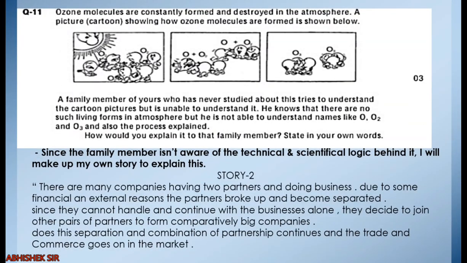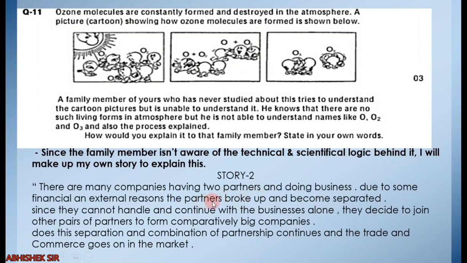Okay. Another story is a bit different. Again, I have started with, suppose there are many companies having two partners and doing business very nicely. But due to some financial and external reasons, the partners broke up and became separate. Now you see, a company needs partners to divide the work and run successfully.